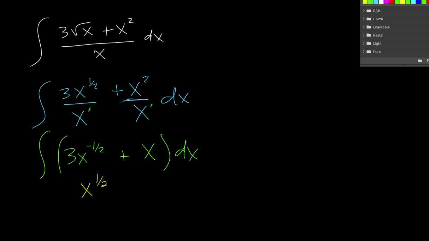And if we divide by that new exponent, that's the same as multiplying by 2. So we have 2 times the 3 that's already there. Raise to a 2, divide by 2. So that's going to be 6 square root of x plus x squared over 2 plus c.